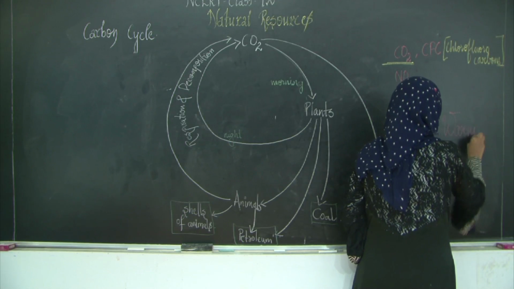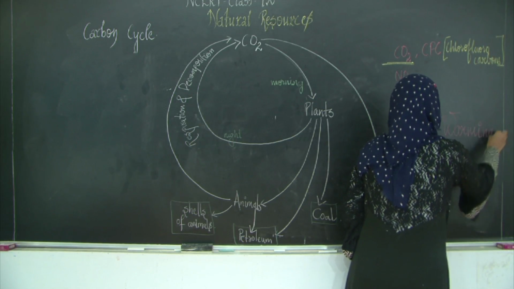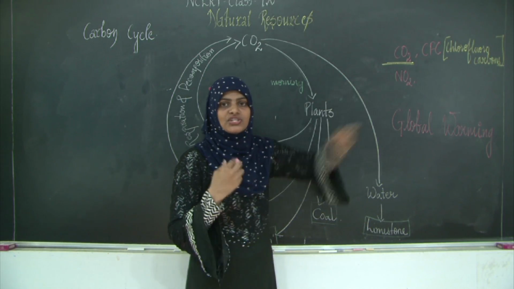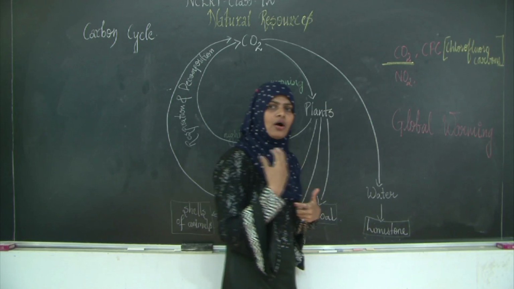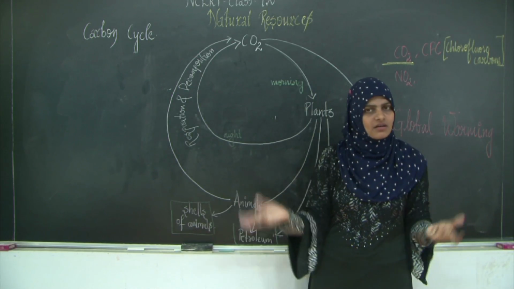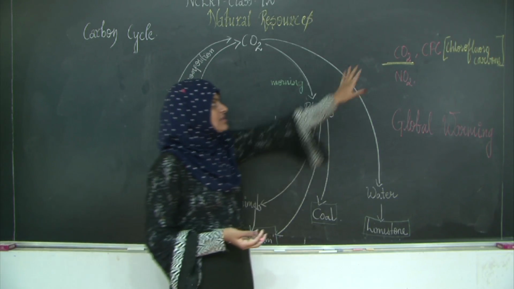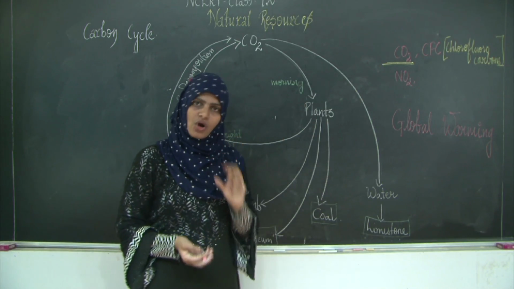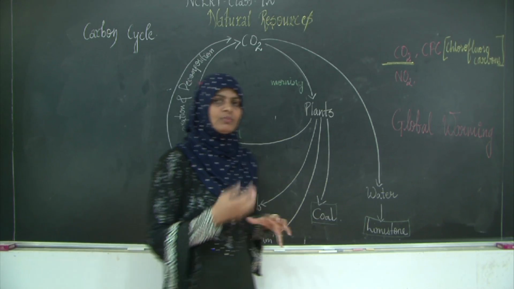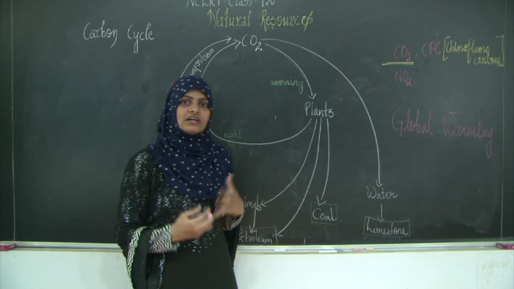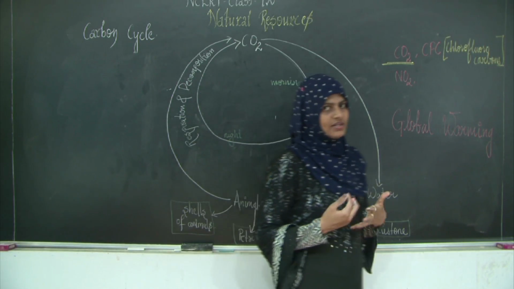Okay, so global warming takes place due to the excess amount of these greenhouse gases, because they do not allow the radiations to go back. So the radiation remains in the earth's atmosphere and keeps on heating up the earth. Okay, remember, these greenhouse gases are required in small quantity by the earth to maintain the temperature, but if the level increases, then only they cause the rise in earth temperature that is happening now.